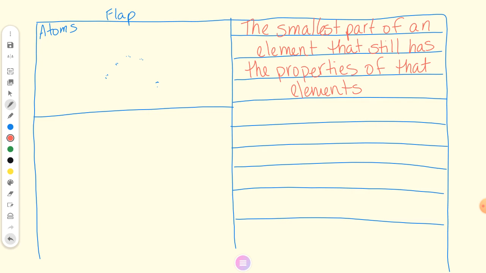Okay, so the smallest part of an element that still has the properties of that element.